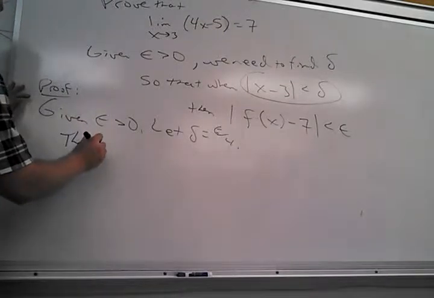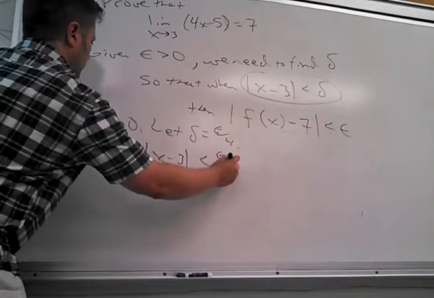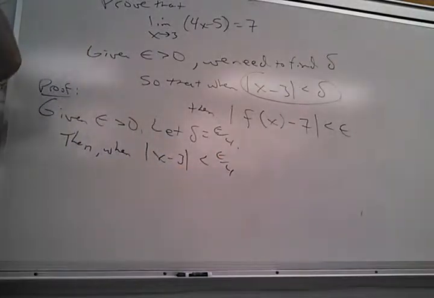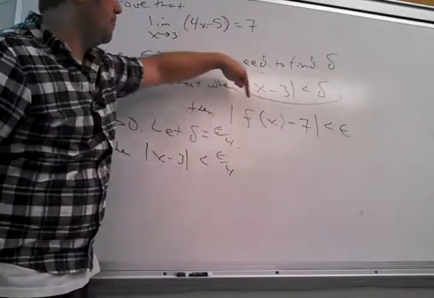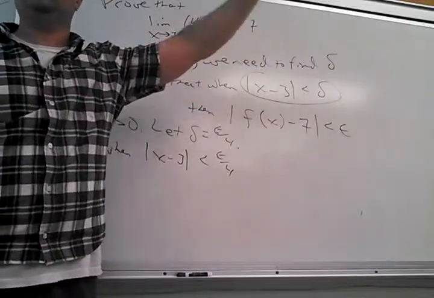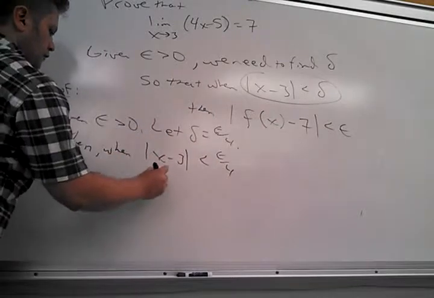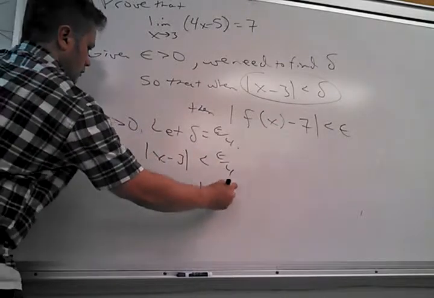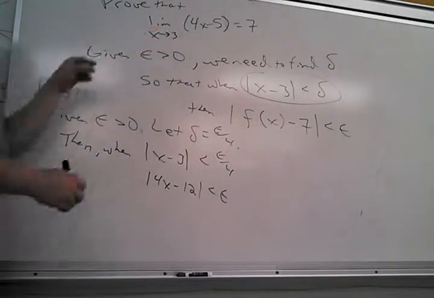Then, when |x minus 3| is less than epsilon over 4, so I have to start here, right? When this is true, then this is true. That's why that's not a proof. When this is true, multiply by 4. Recapture the original problem.